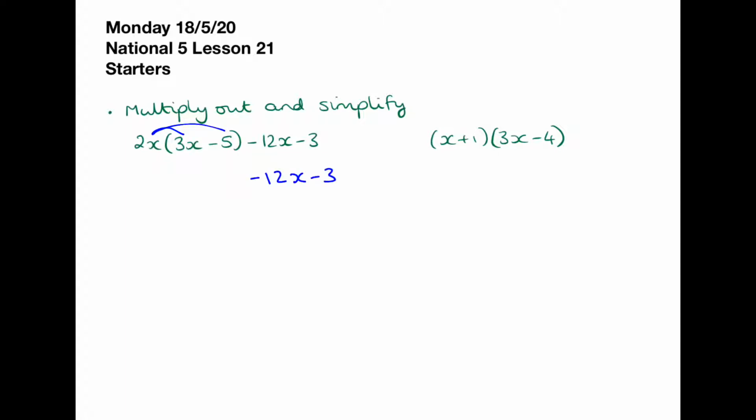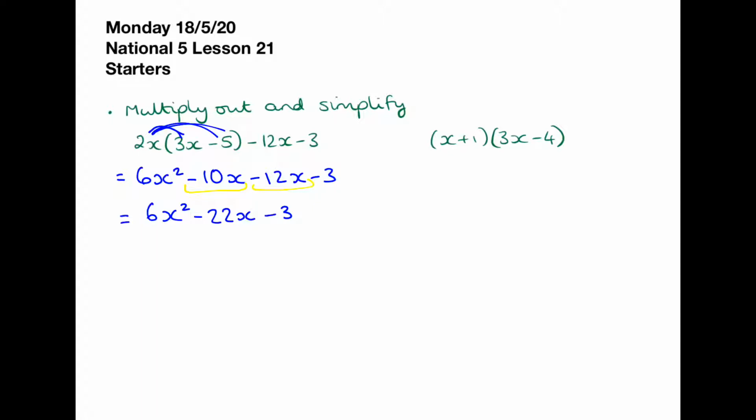Okay, so 2x times 3x is 6x squared, and then 2x times negative 5 is minus 10x. And then we collect like terms, so we can see that we've got 6x squared, but in x's, we've got minus 10x and minus 12x, so that's minus 22x, and then minus 3. Okay, that's that one done.